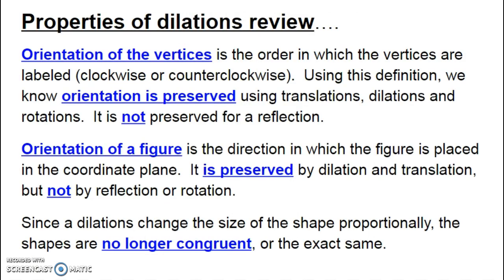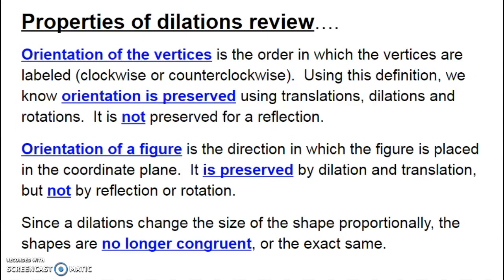Let's look at some properties of dilations review. Orientation of the vertices is the order in which the vertices are labeled, clockwise or counterclockwise. Using this definition, we know orientation is preserved using translations, dilations, and rotations. It is not preserved for a reflection.